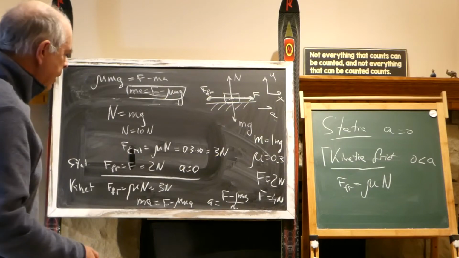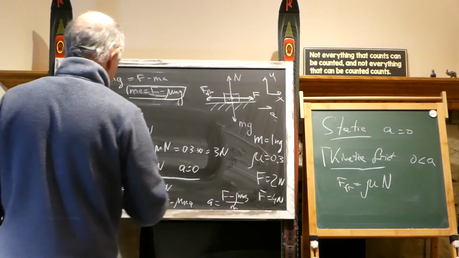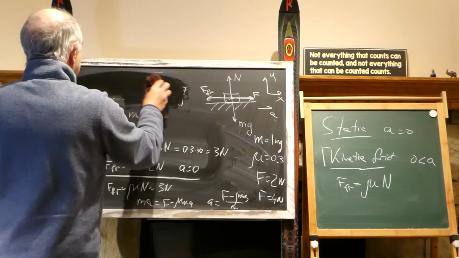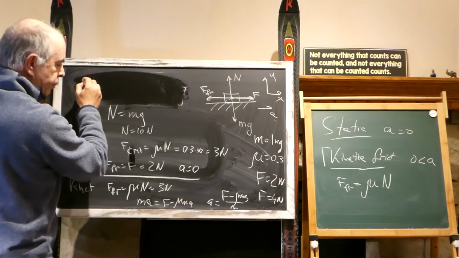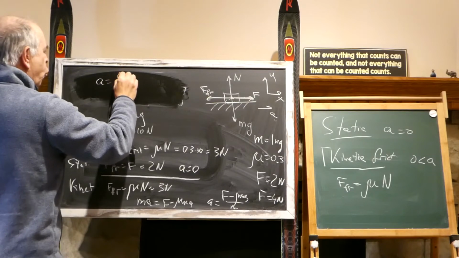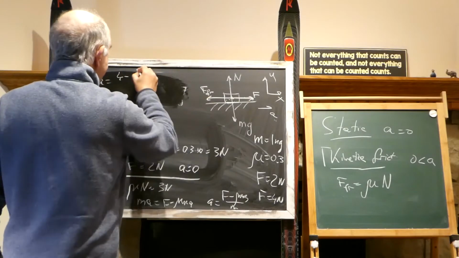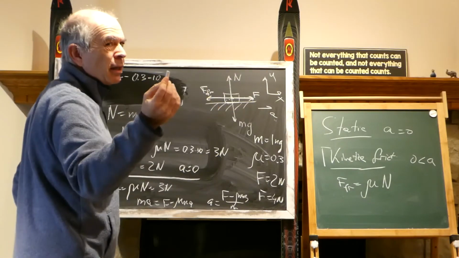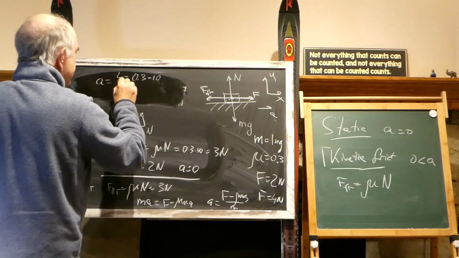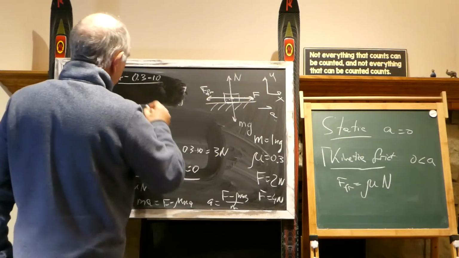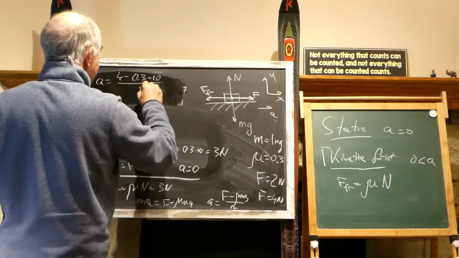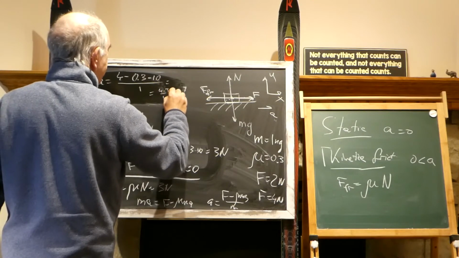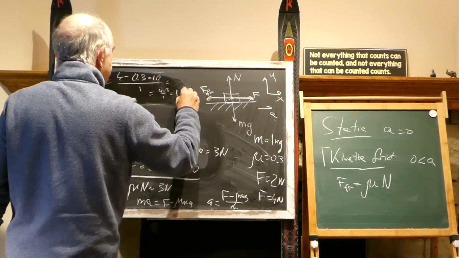If we plug in the numbers, a equals 4 minus 0.3 times mg, which is 10 (9.8, but I write 10, who cares), divided by m, which is 1. So we have 4 minus 3 over 1, which is 1 meter per second squared.